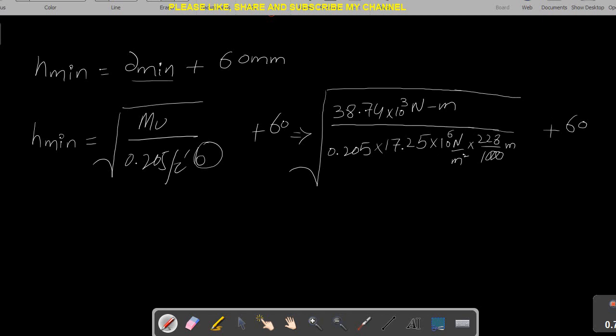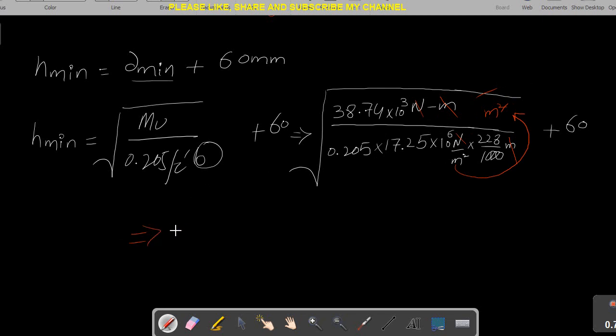This meter goes with this meter, and this Newton will cancel with this meter, and this meter will be shifted to the top, and this square will go with this square, right? So the answer will be in meter from this equation, right?